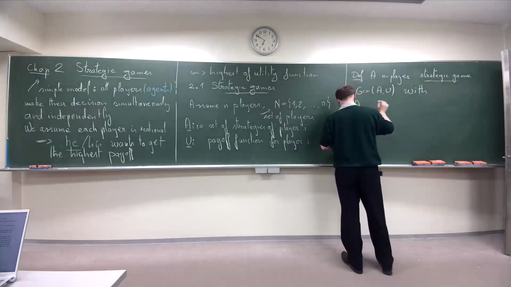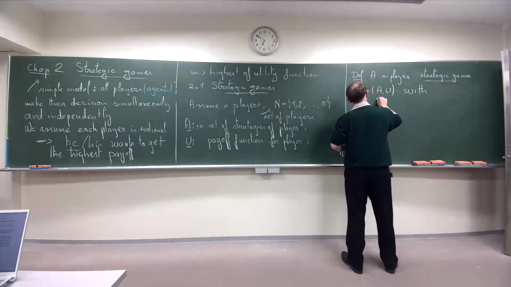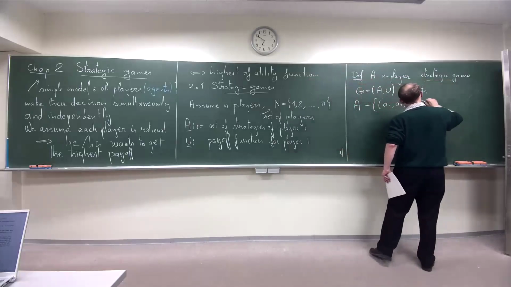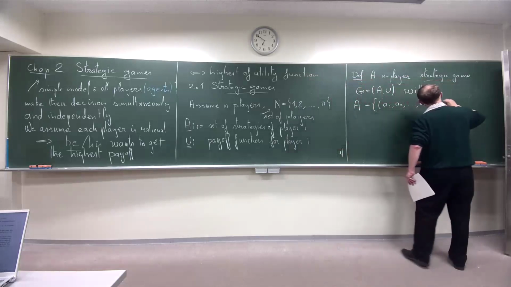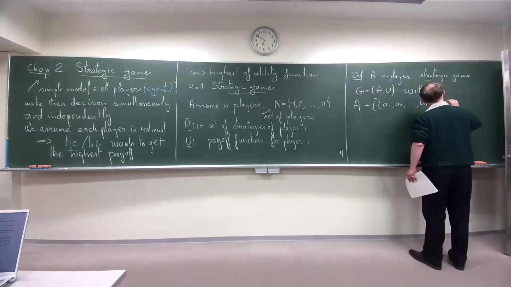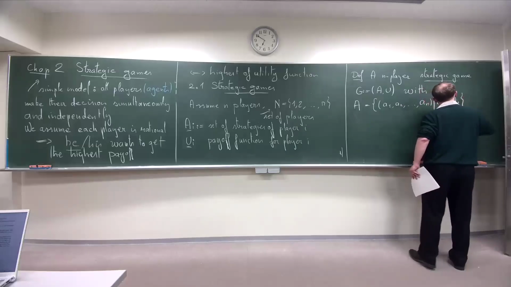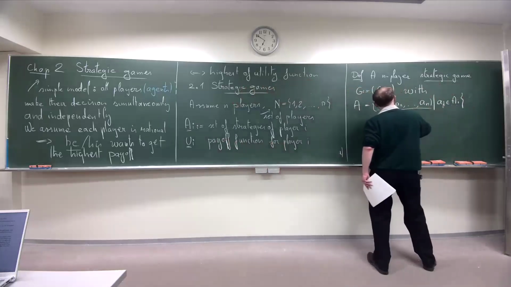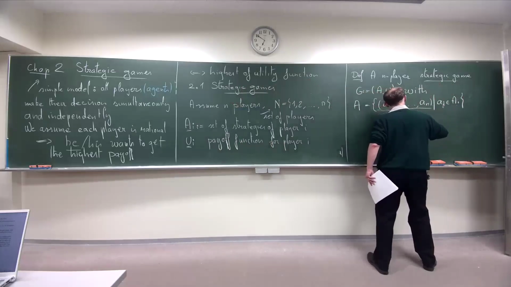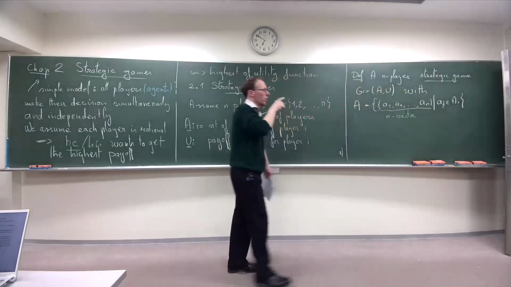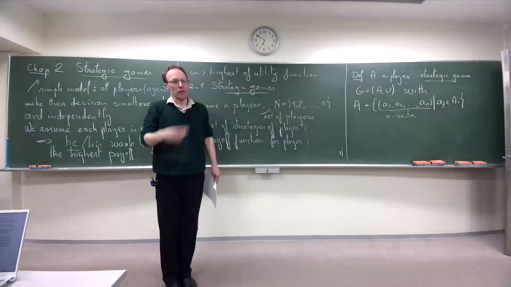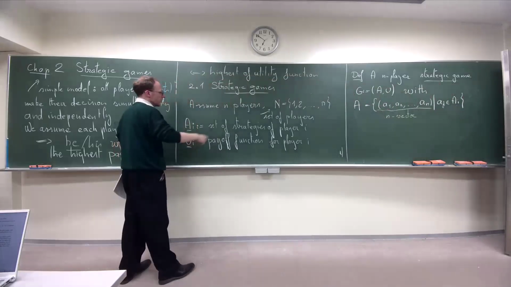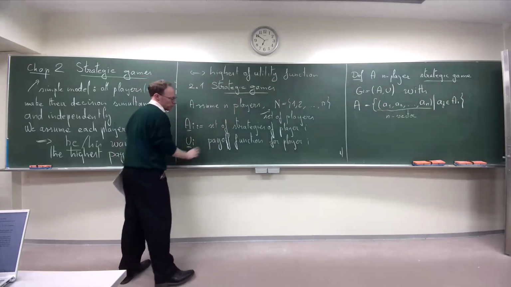A is just the set of all points (a_1, a_2, up to a_n) so that a_i is in A_i. So it's like an n-vector. This is like an n-vector, so it has n components. And each component is in the set A_i. The first component is in the set A_1. The second entry is in the set A_2, and so on.